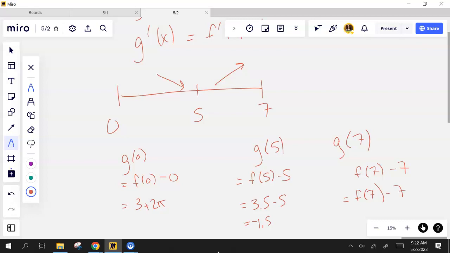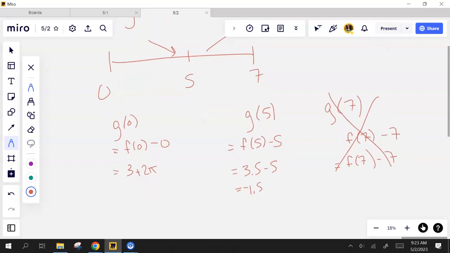Let's see. It can't possibly be 7 though. Why can it not possibly be 7? It starts increasing from there, so I don't even have to consider that. That's true, yeah. So it's got to be g of 5.